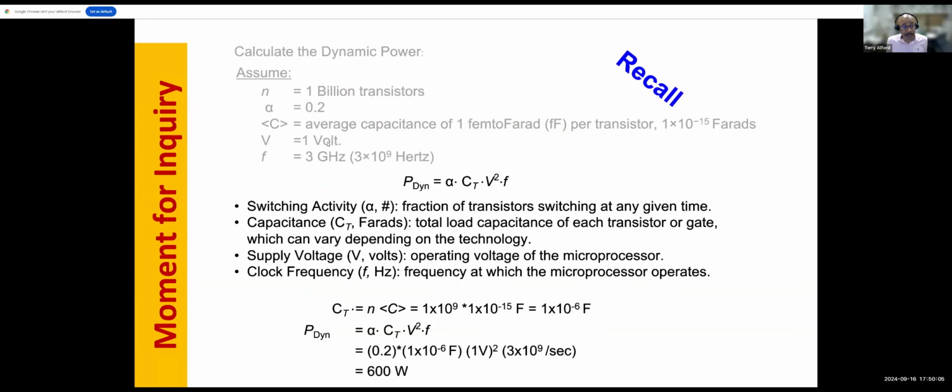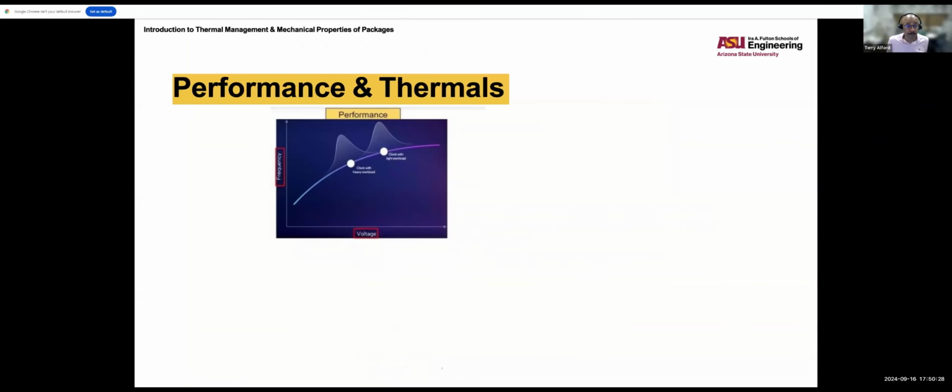And this was operating at 1 volt, 3 gigahertz, and that generated 600 watts, a lot of heat. Now, again, this is just 1 billion transistors, and we're only operating 20%, and we generate 600 watts. And that's just from toggling the inverters.